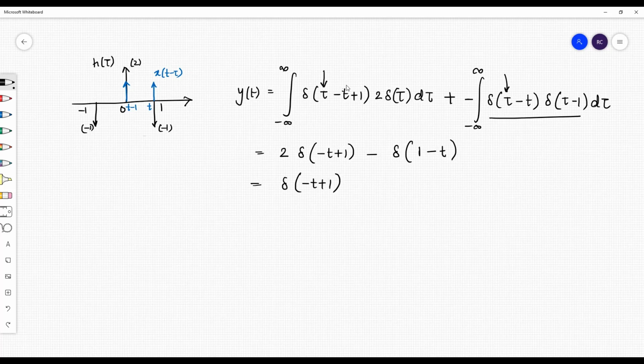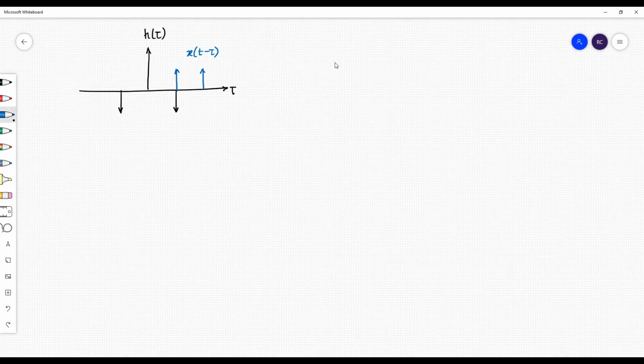What was this case? For t equal to 1, this was the case. Moving further, x(t minus tau) has reached here, where this is t and this is t minus 1. So this was 0, 1, 2.